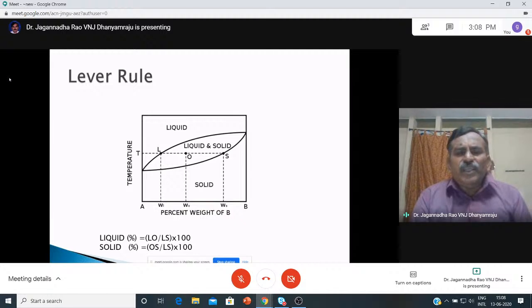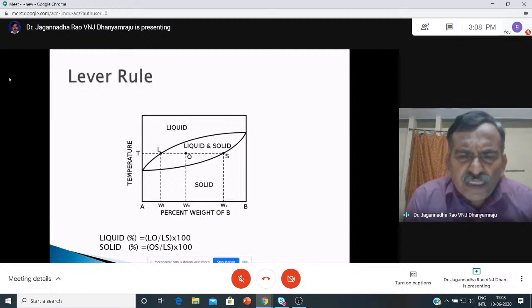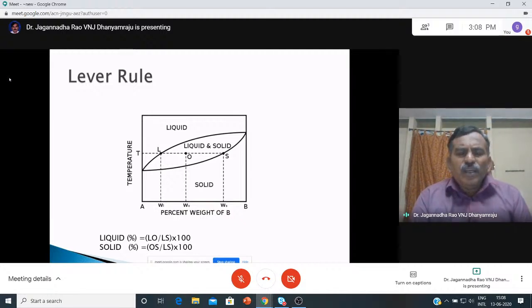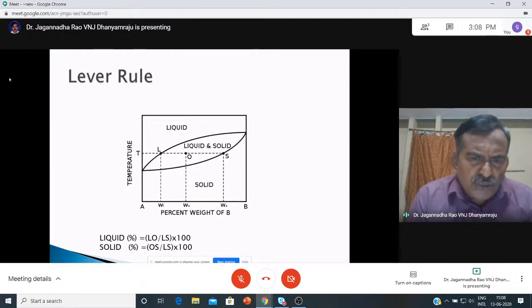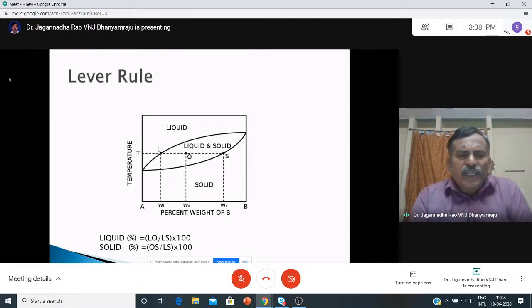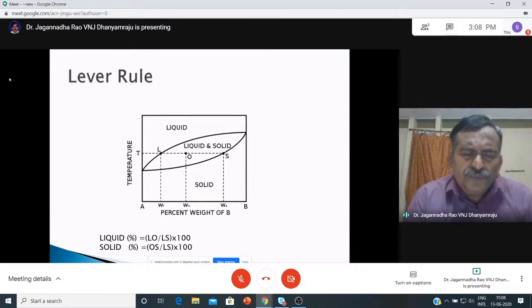How much is the percentage of the liquid and how much is the percentage of solid, and what is its composition? For example, if you take any point in the liquid region, it is a homogeneous liquid and you will get 100% liquid, and the composition of the liquid conforms to the composition of the alloy.